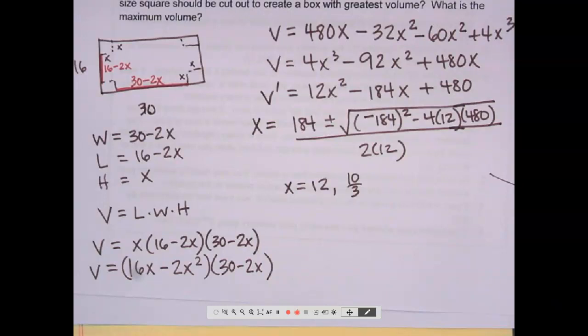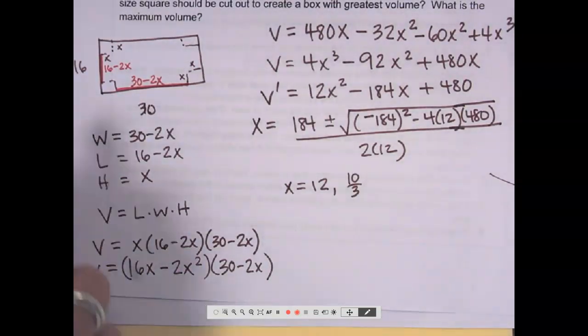That's the size of the square. Wait, you can't cut out a 12. Oh, I get it. Because 12 plus 12 is not 16. The 16 minus 2x, you can't have that.